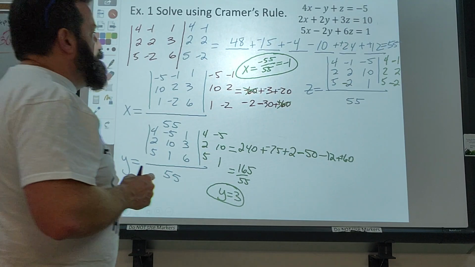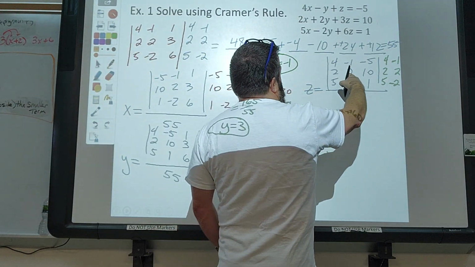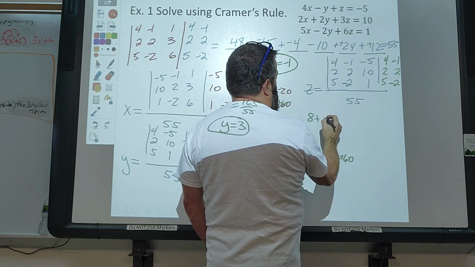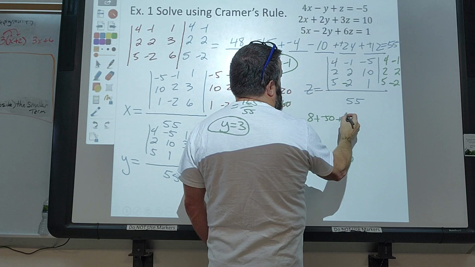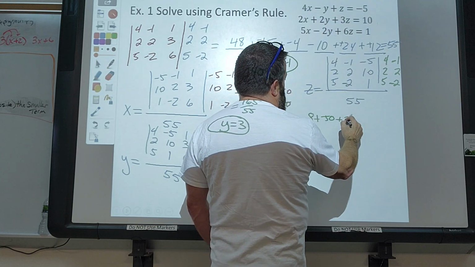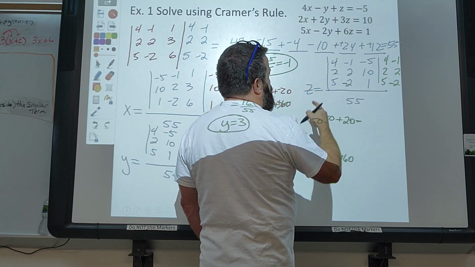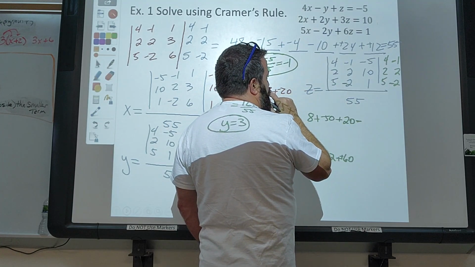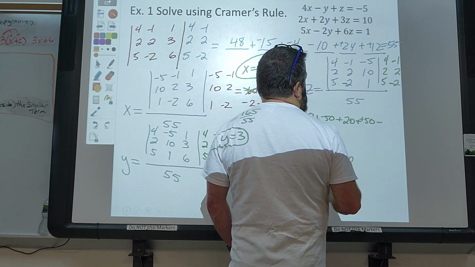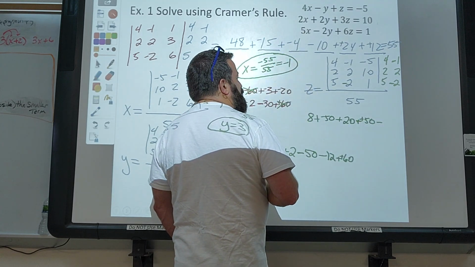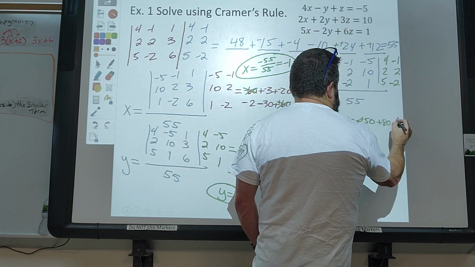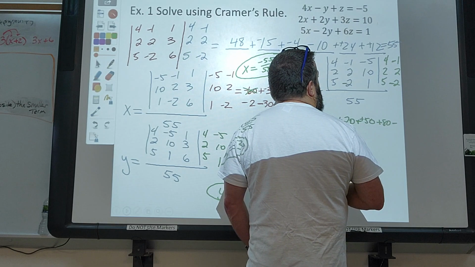All right, so as I go through to do this one, 4 times 2 times 1 is 8. And then I get a -50. And then I get +20 minus, here I get a -50. So that's going to be plus a +50. Minus a -80. So it's going to actually be +80. And then minus a -2.